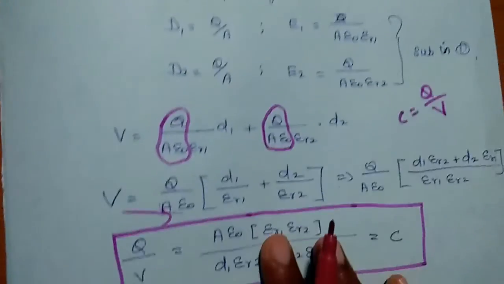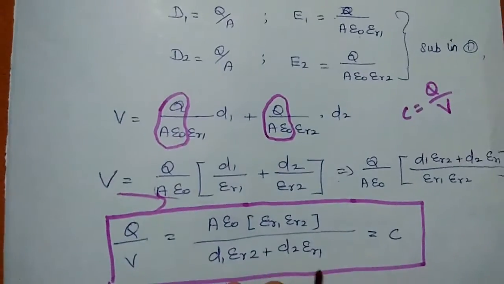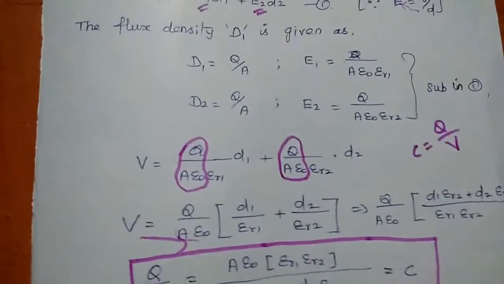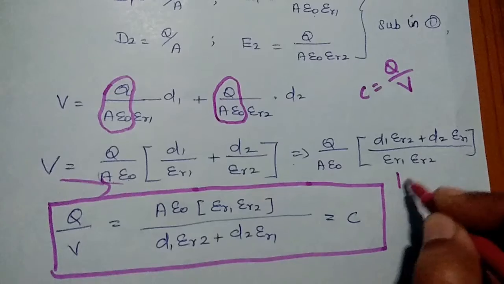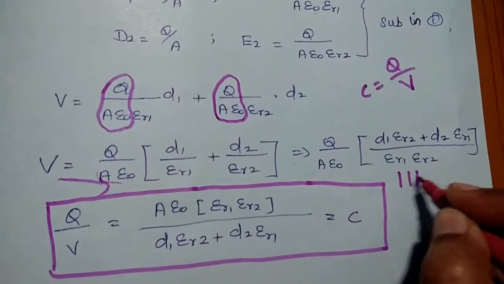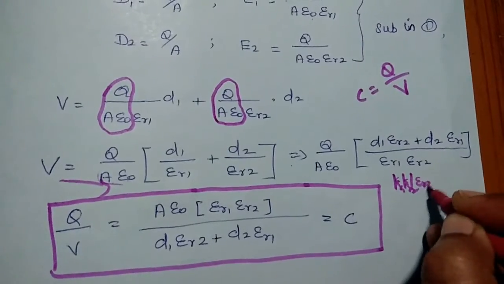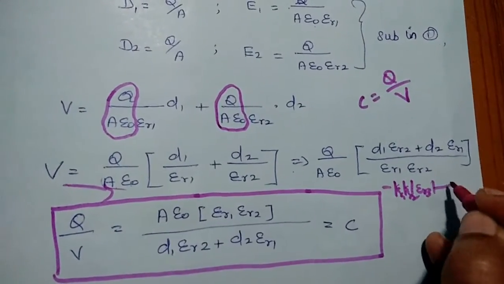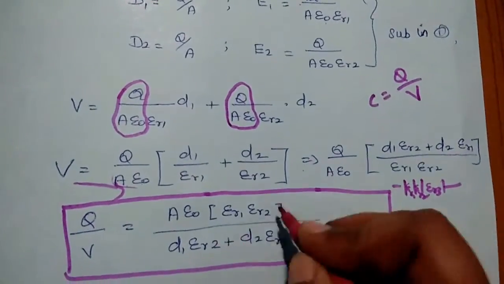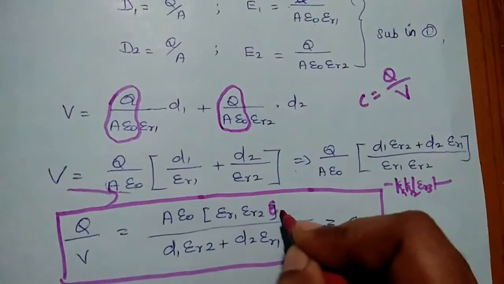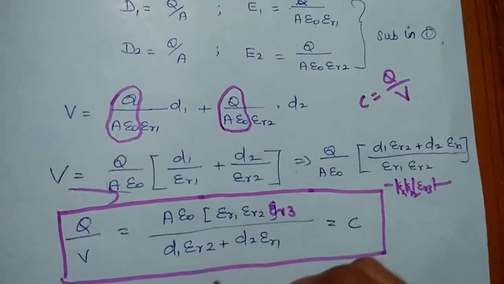Okay, do you all understand? So that is the common term. And one more thing, suppose there are three media, what will happen? So if I am having the capacitance of, this is epsilon R1, this is epsilon R2, this is epsilon R3. I am having three different mediums. The same equation, what I am going to do, I am going to include another one term, epsilon R3.